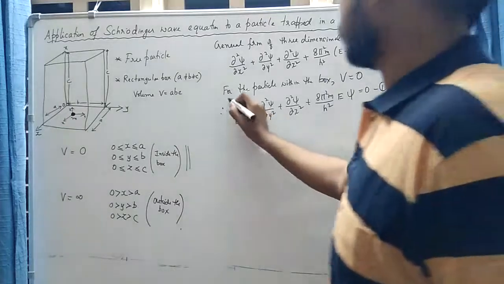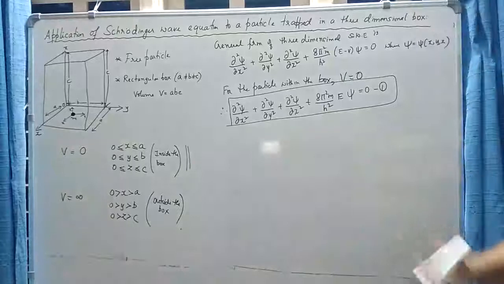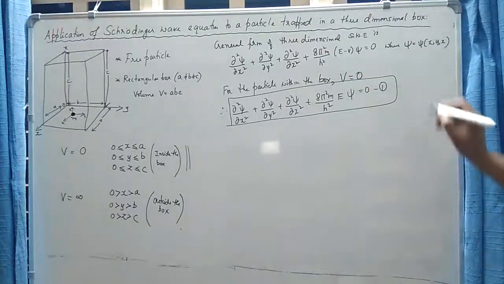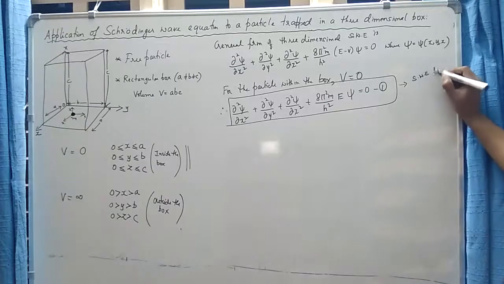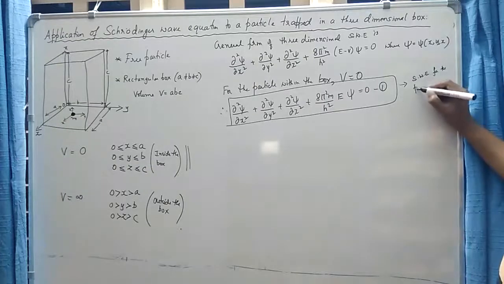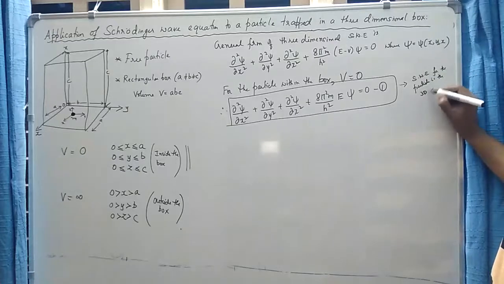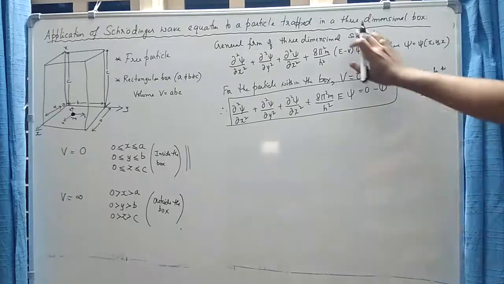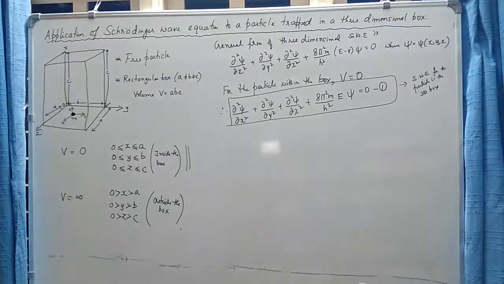So this is the Schrodinger wave equation for a particle in the 3D box, trapped in the 3D box. The earlier one is the general three-dimensional equation, and this is the equation exclusively applicable for the three-dimensional box.